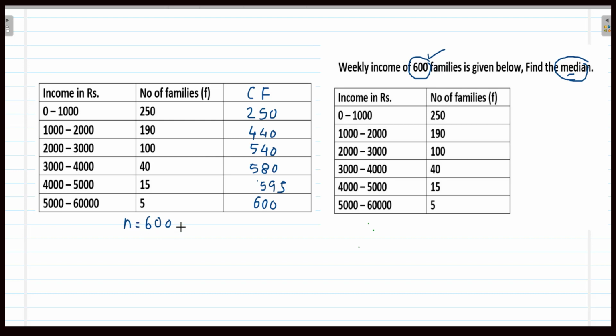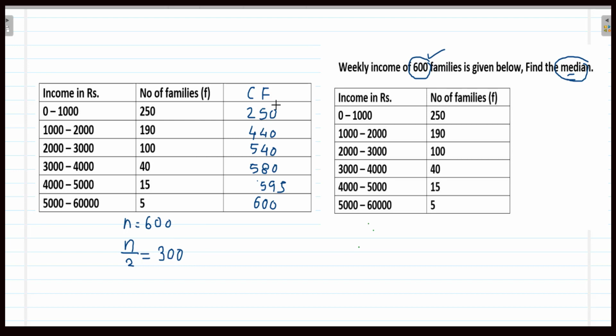First check whether this total frequency and the last cumulative frequency are correct or not. If this is not correct, then check your cumulative frequency. Now we have to find n by 2. So n by 2 will be equal to 600 by 2, and that will be 300.